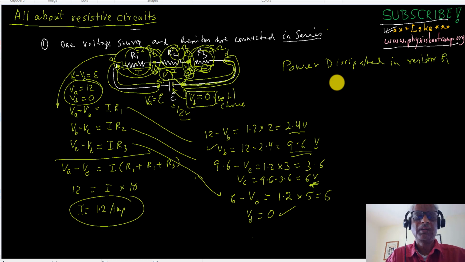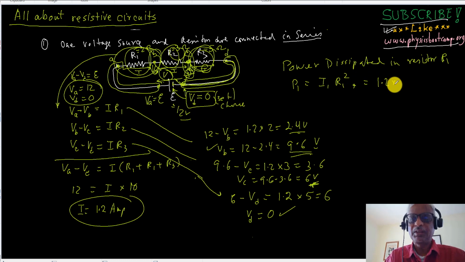R1. So that is going to be I1 squared times R1, which is just 1.2 times 2 squared. So 4 times 1.2, 4.8 watts.